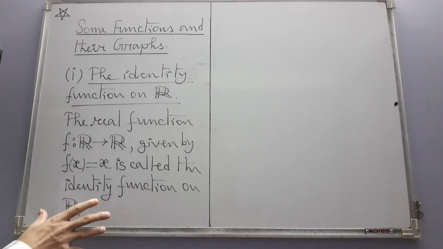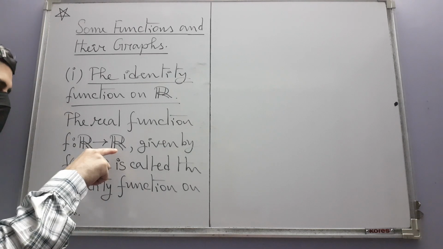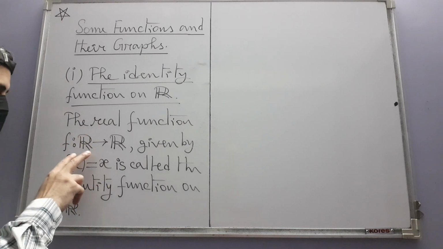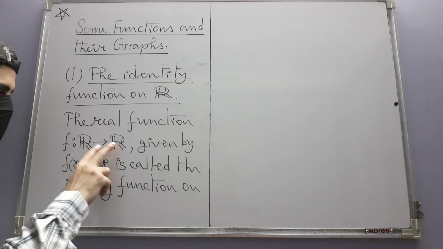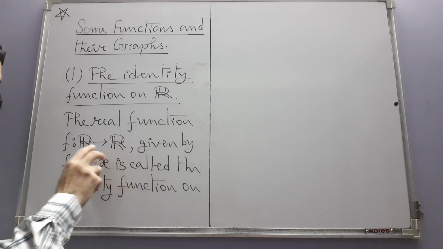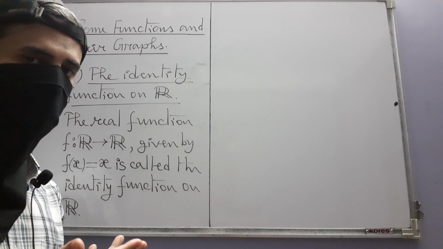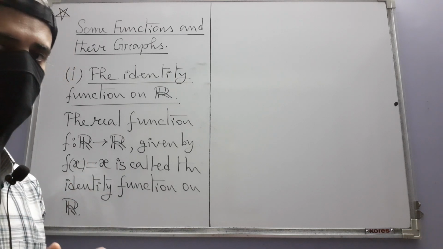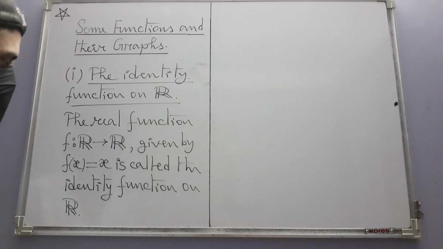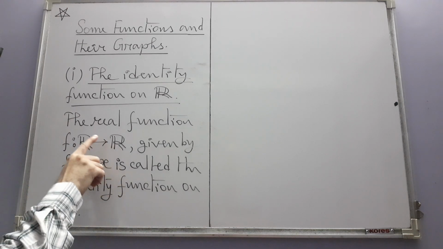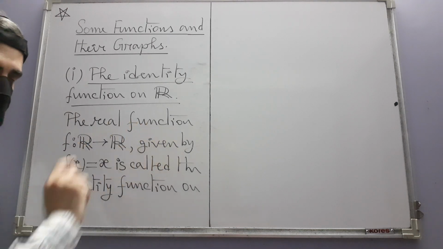And a real function is a function whose outputs are real numbers and inputs are also real numbers. That does not, of course, necessarily mean that the domain and codomain have to be R, just that both of them have to be subsets of the set of real numbers. So the identity function on R is a real function. That's why we have written real function.